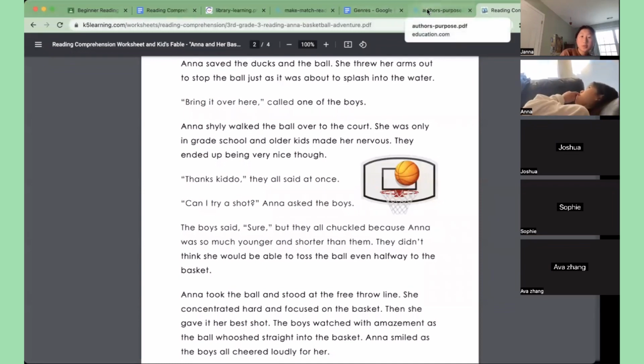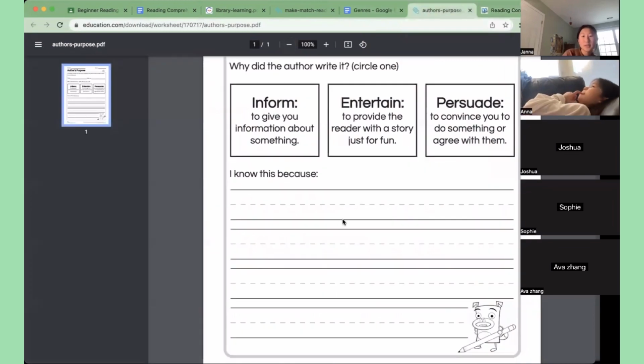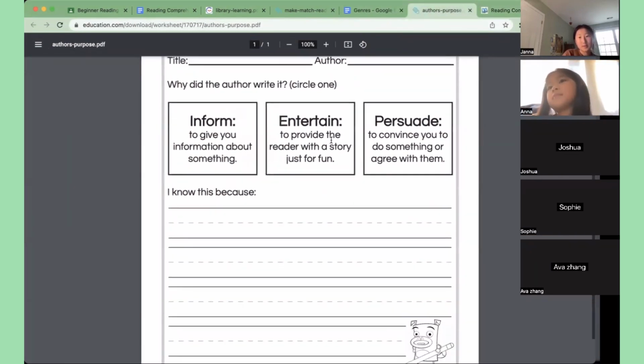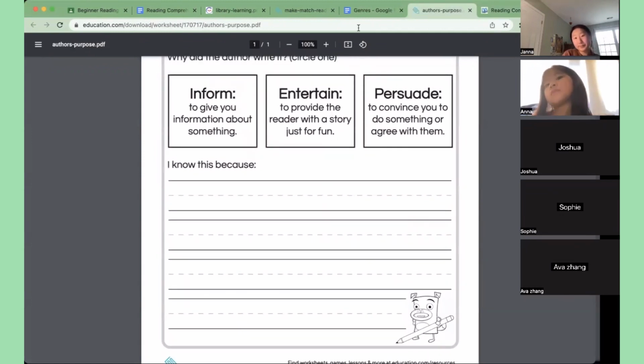Okay, so what do you guys think? I think most of you guys are done. So what do you guys think the author's purpose in this was? And I can show you guys this just to help you. You can either type in the chat or just unmute yourself. Either is fine.